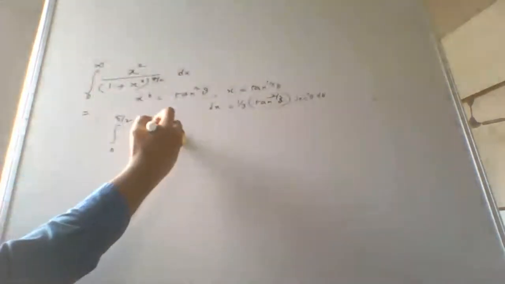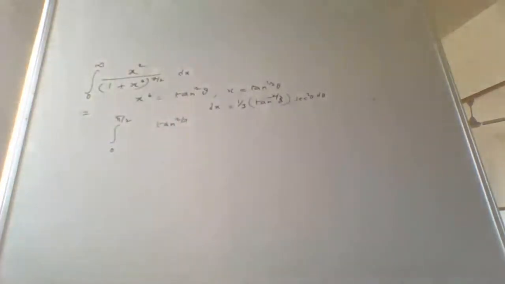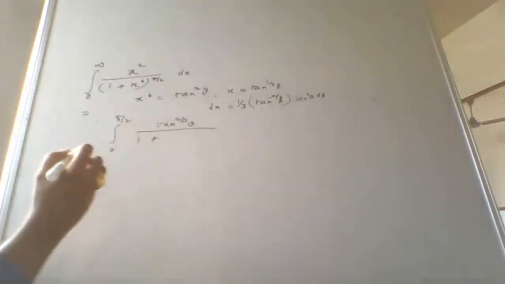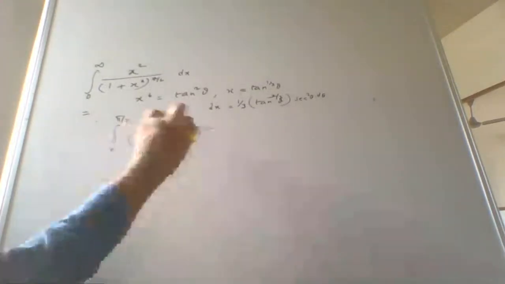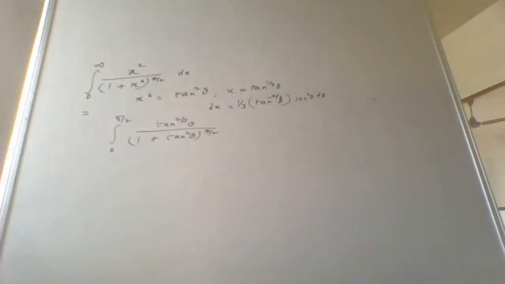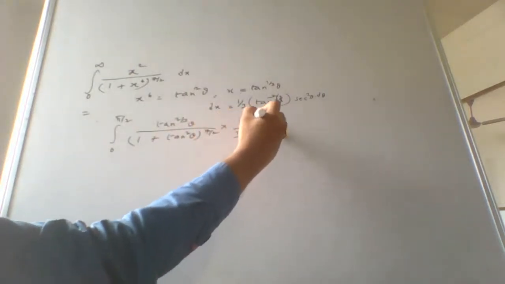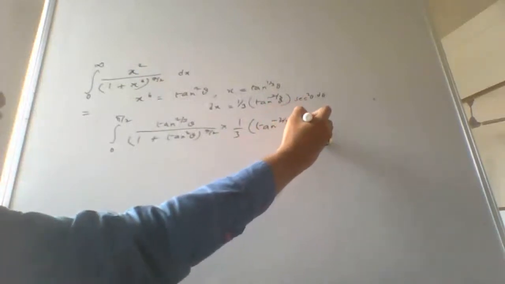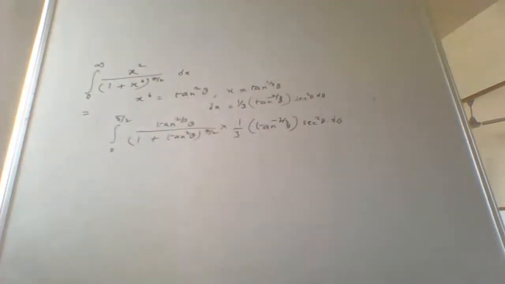Just put that, so this is tan to the power of 2 by 3 theta. In the denominator I have 1 plus what I have taken as tan square theta, with the power 7 by 2, multiplied by 1 by 3 and secant square theta d theta. So that's the rest.